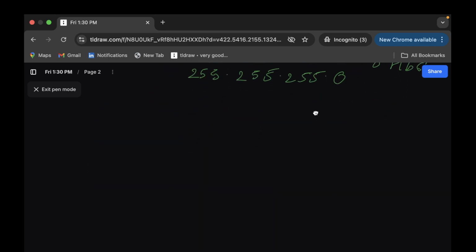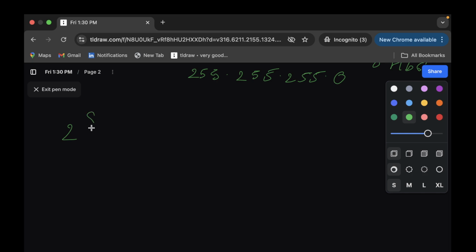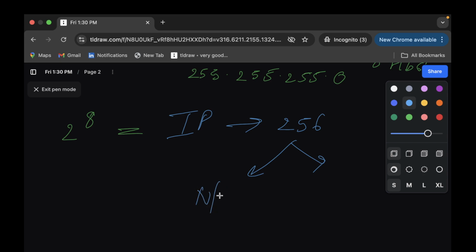With 8 host bits, 2 power 8 gives my IP addresses. So I have a total of 256 IP addresses, out of which two are reserved: one is my network address, another is my broadcast address. So I have in all 254 IP addresses available.